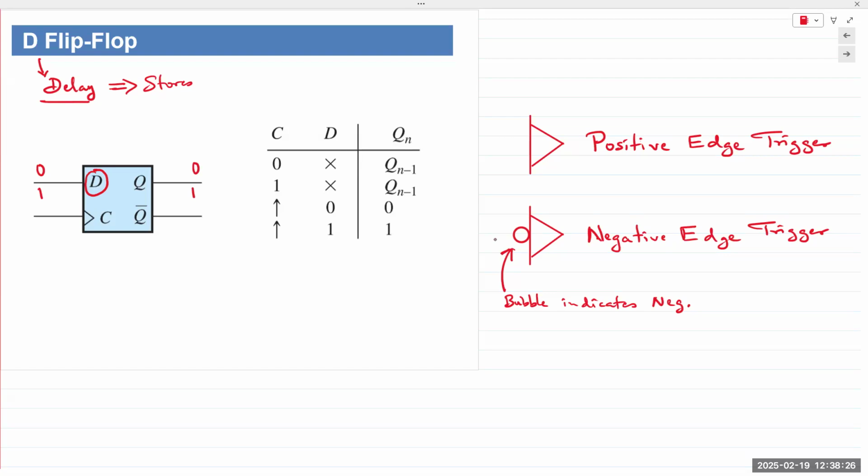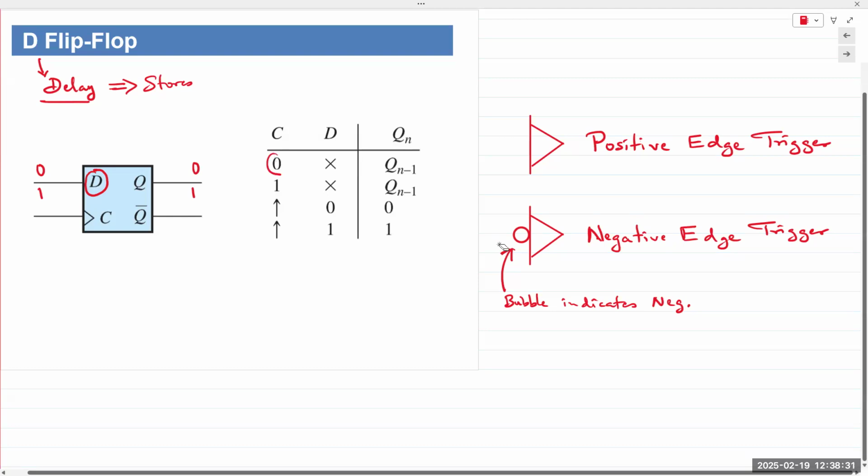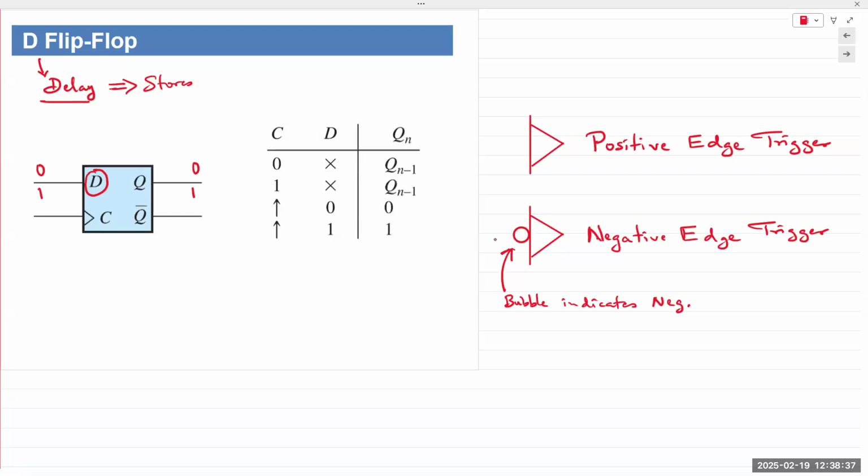Okay. So if your clock is 0, it doesn't matter what you give as the input, your output remains in the previous state. If your clock is 1, it still doesn't matter what the input is. Why? Because of this right here.